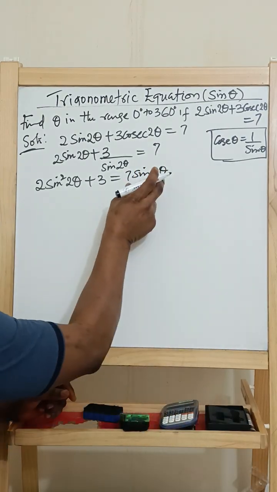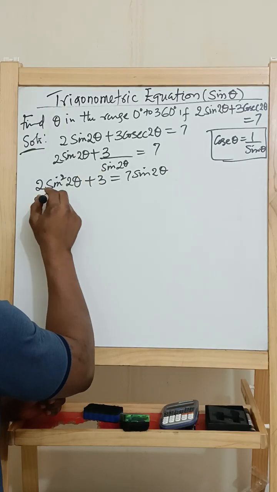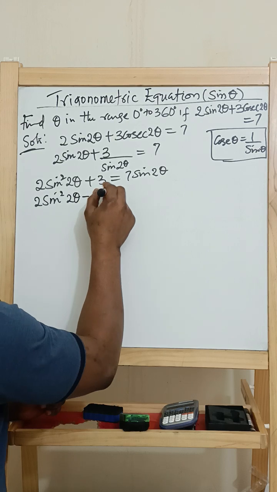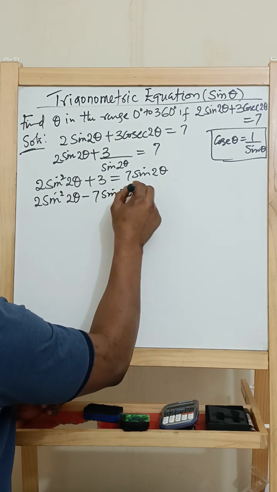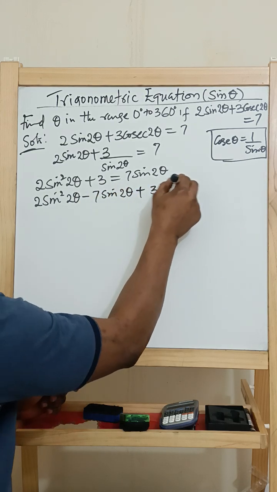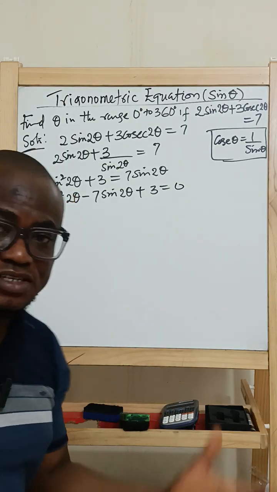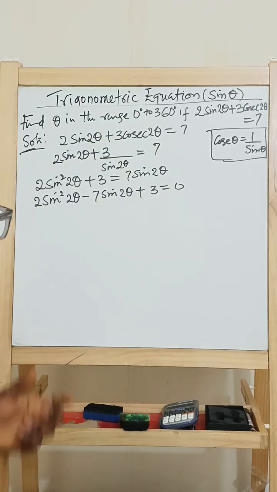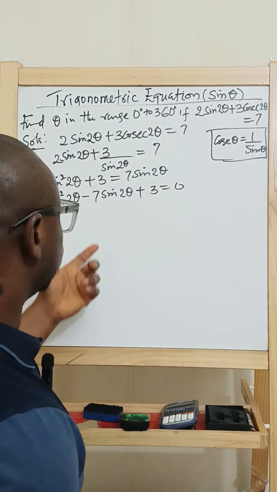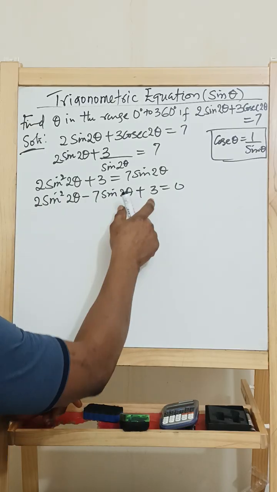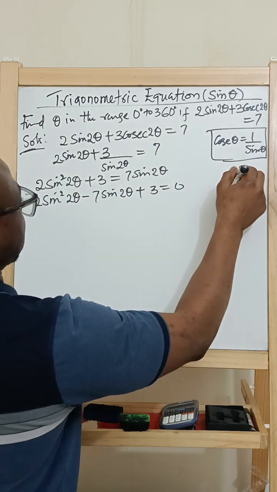So let's bring this here. We have 2 sine squared 2 theta minus 7 sine 2 theta plus 3. This becomes a quadratic equation that can be solved by factorization. 2 times 3 is 6.